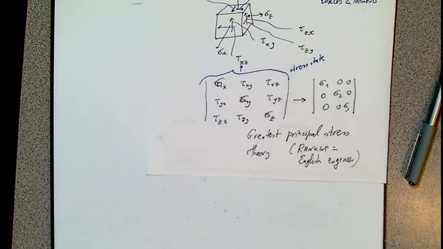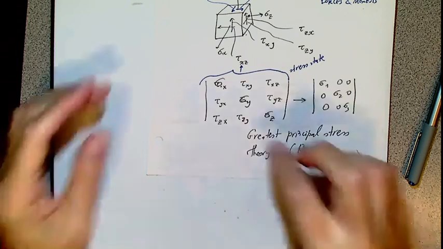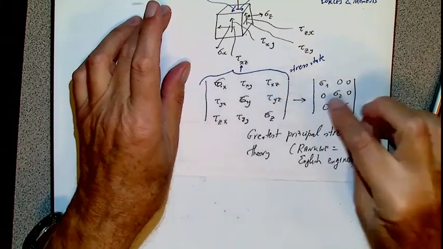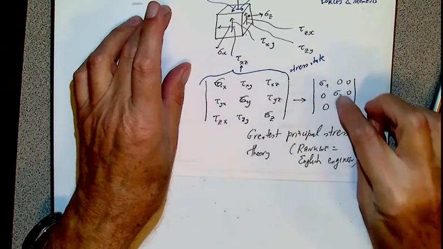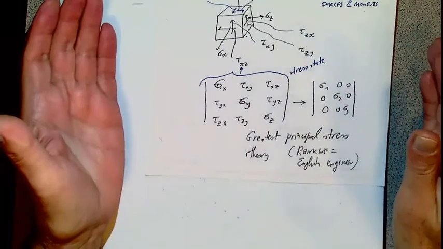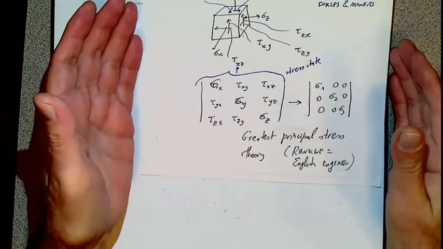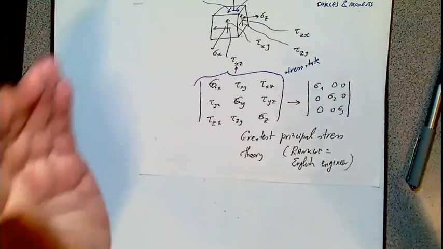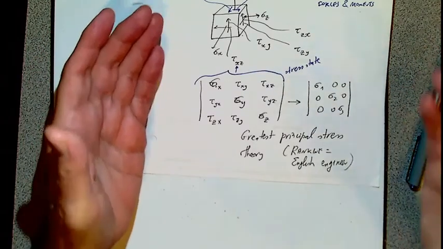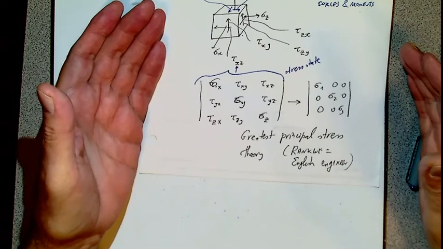Now, in strength of materials we learned, but now I'm considering an even more general case, that this condition can be transformed to a condition which is easier for us. Why? Because we are lazy. I don't want to deal with 9 quantities. If I negotiate some treaty, I don't want to deal with 9 people. I prefer to deal maybe with 3 people. It's easier to get to an agreement.